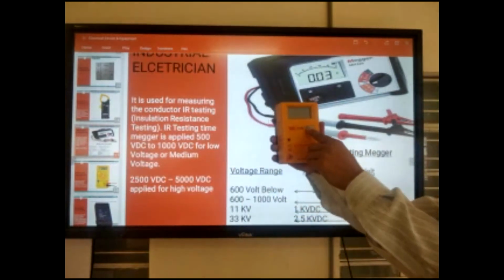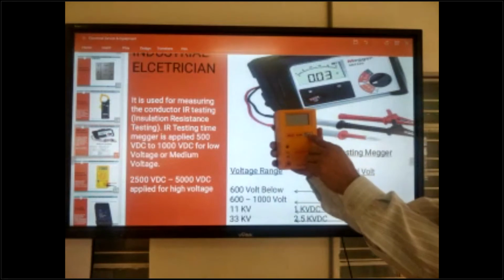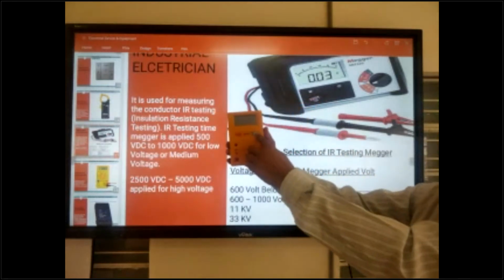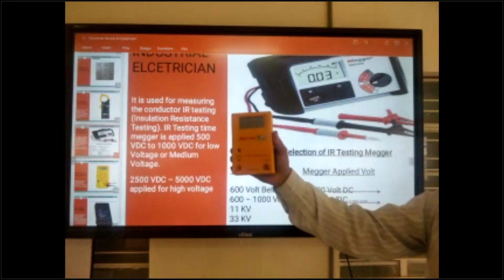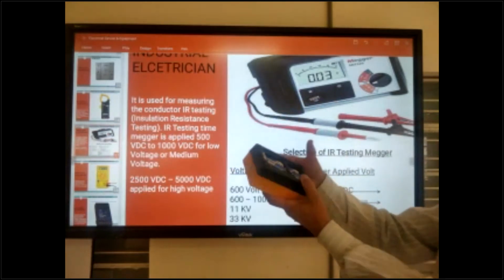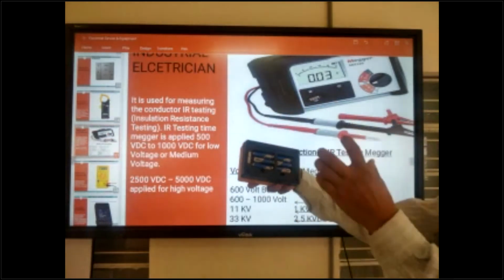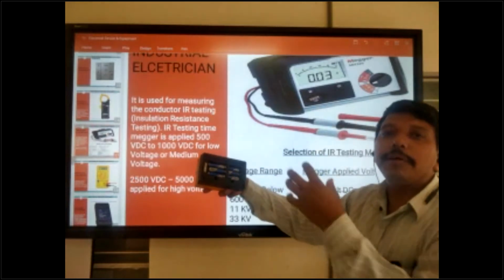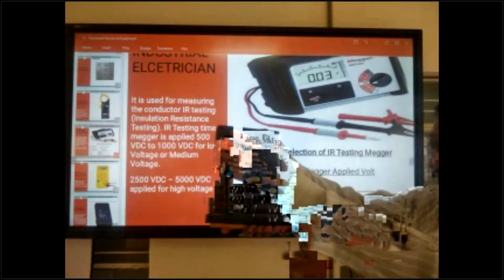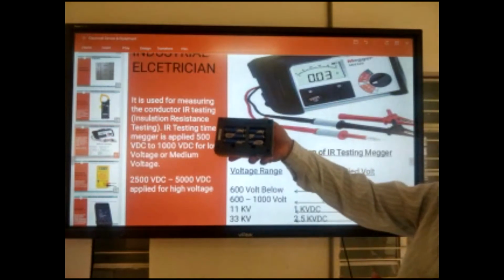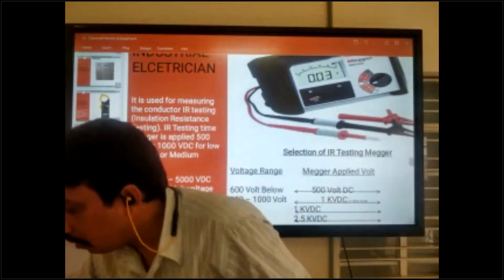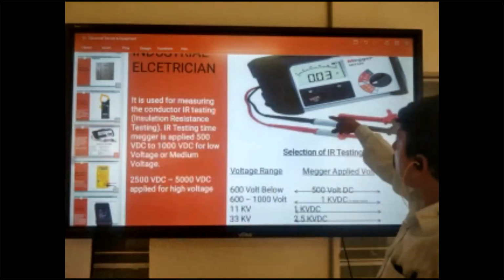This is the limit of 1000 volt. If you are taking 1000 volt, we use this megger. Above 1000 volt, we do not use this one. The megger gives its output in DC volt, and we can use batteries inside the megger.